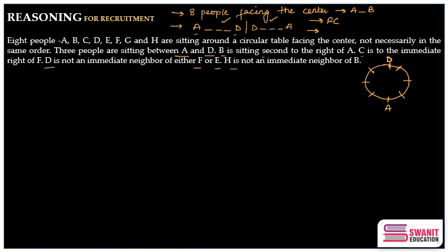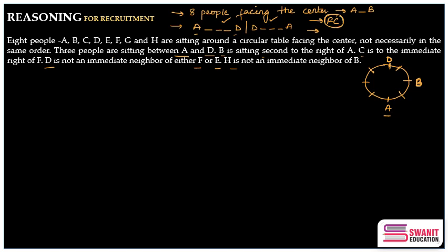Now the next statement says B is sitting second to the right of A. Now if A is here, second right will be on the other side, that is B would be here. So the position for B is fixed. Also it's given that C is to the immediate right of F. Now I have no clue where C and F can come, but one thing is sure, they need two consecutive places.